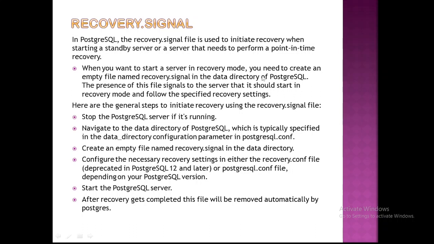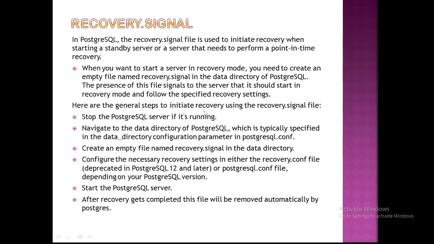So recovery.signal, by its name, signals the server that when it starts, it will start in recovery mode. Okay, and it will follow the recovery settings you have in the postgres.conf file, the recovery parameters, the recovery command, and restore parameters. So it will follow those things.